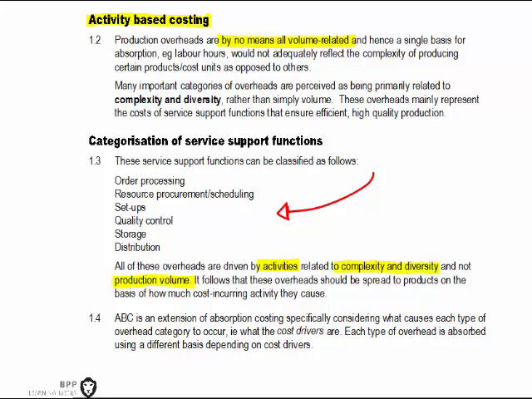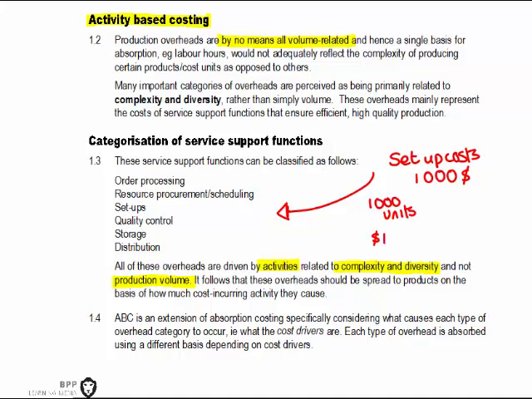Let's just think of an example for a moment. Let's just say that we have some setup costs, and this is the cost of setting up the machinery, and they are $1,000. Now if we're going to do a batch on them, and the batch is for 1,000 units and they're all going to be the same, then that's a cost of $1 a unit.